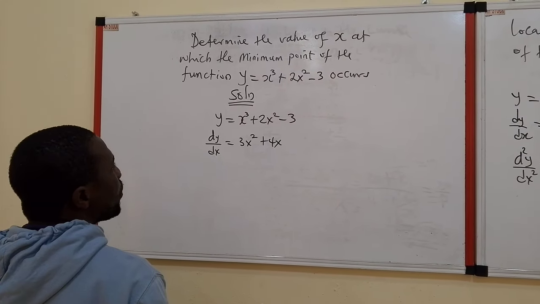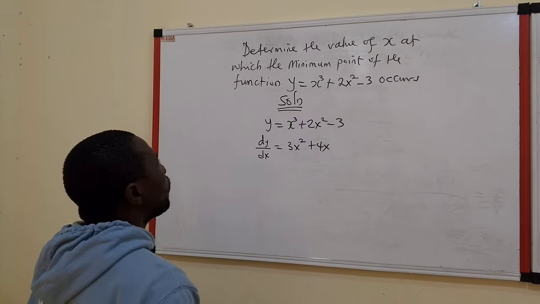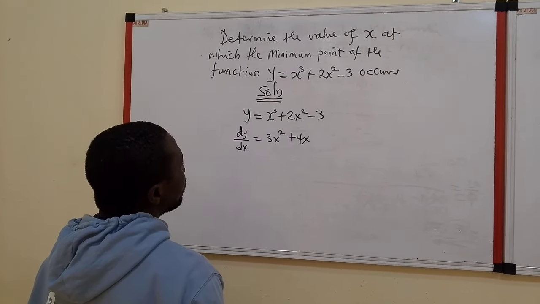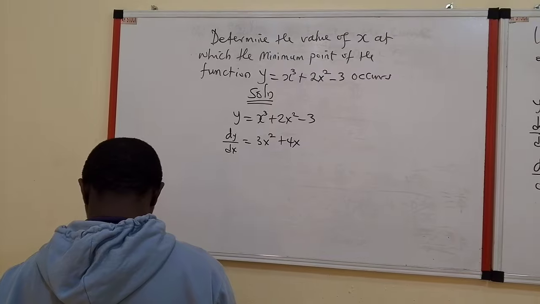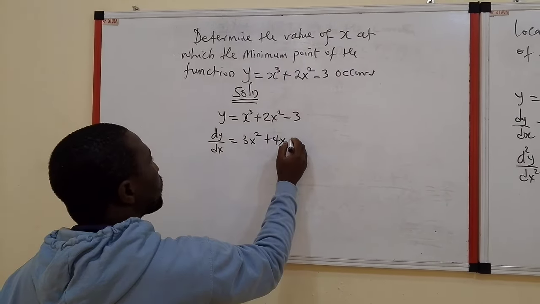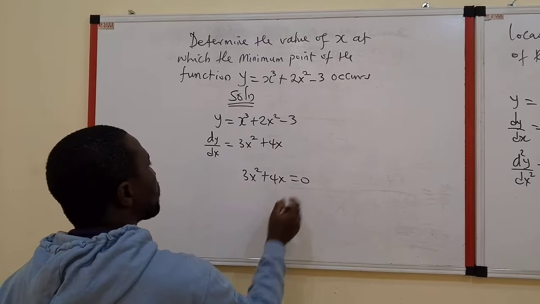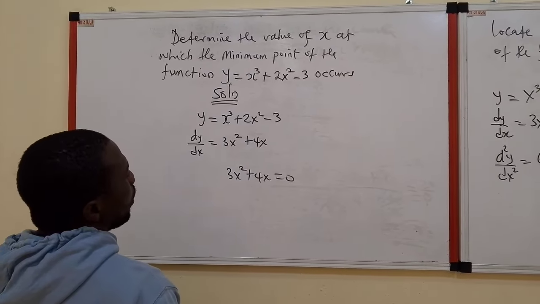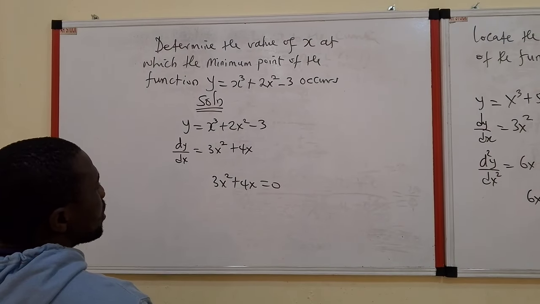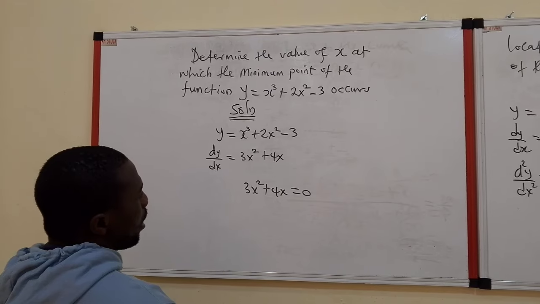After we have differentiated the function, we now equate it to 0. You see 3x squared plus 4x equals 0. This is a quadratic equation.